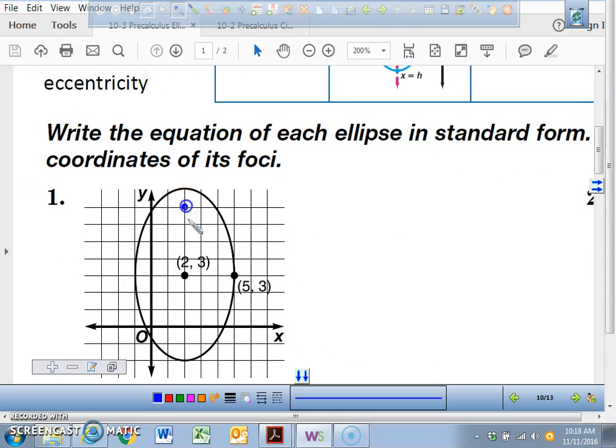So we have a focus right here, and a focus right here. Here's the cool thing about an ellipse.